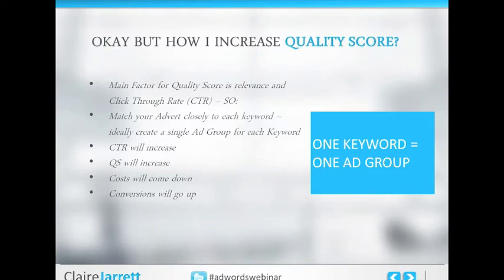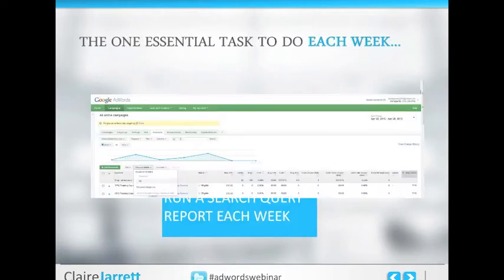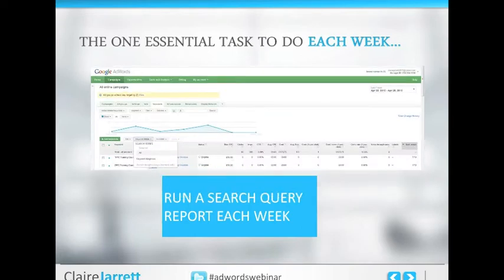Okay, so let's now move over to the one essential task that you should be doing each week. This is the number one thing that I used to recommend my staff do at Marketing by Web. It's quite simply called running a search query report, and you run it on a weekly basis.